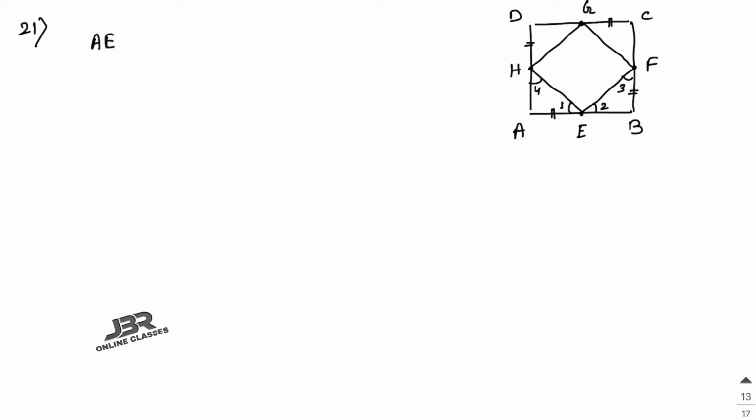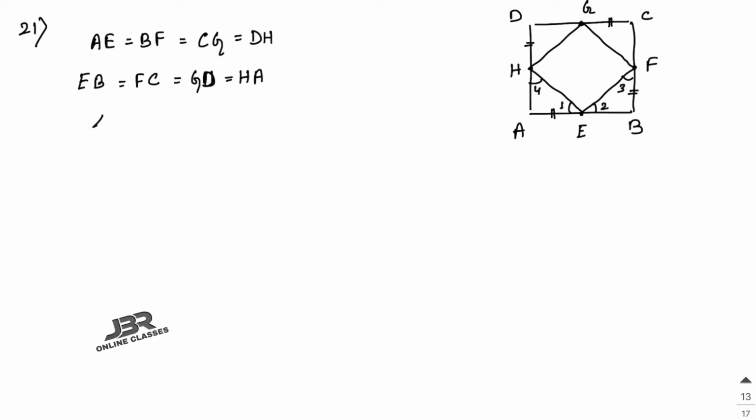Here AE is equal to BF, equal to CG, equal to DH. Okay, so that means here EB is equal to FC, equal to GD, equal to HA.